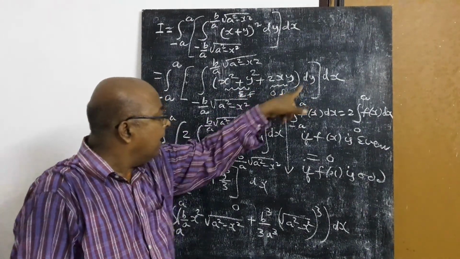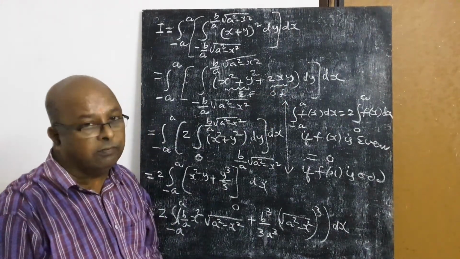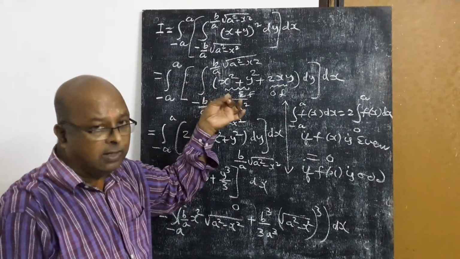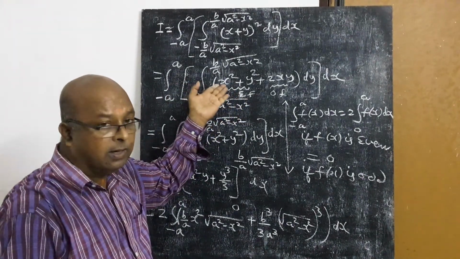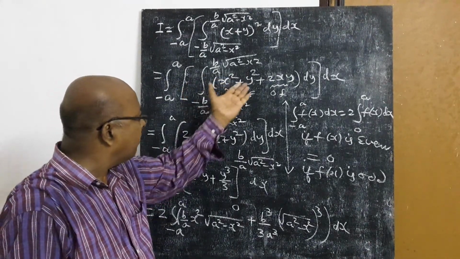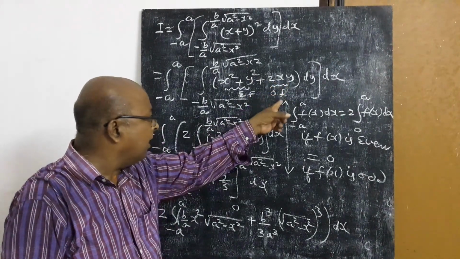With respect to y, 2x is constant. y is an odd function. Y² is an even function, and x² into 1 is an even function. So x² is constant but into 1 is an even function. Combining, x² + y² is an even function. This 2xy term is an odd function.